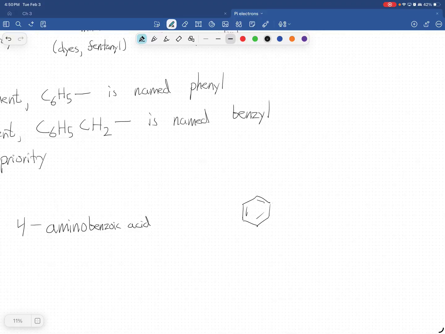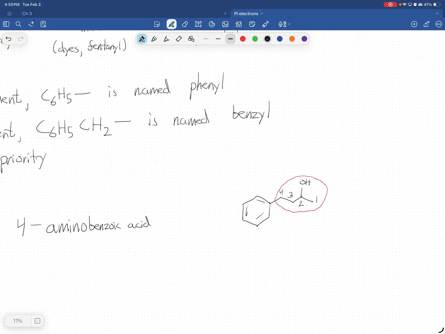Okay. So let me use an example where it's not the parent name. And this will be the last thing we do, I promise. All right. So with alcohols, what is the parent chain? It has to contain the alcohol, right? So let's just circle the parent chain, okay? This is the parent chain. Now let's number the parent chain. 1, 2, 3, 4.